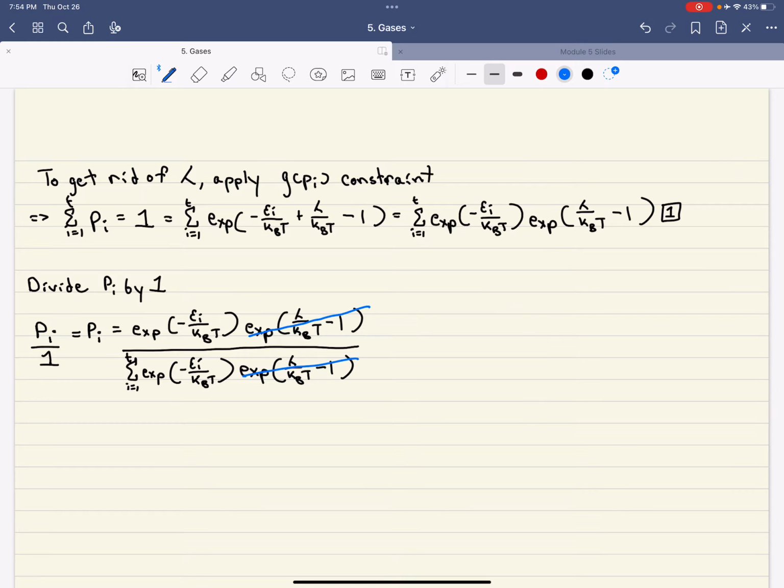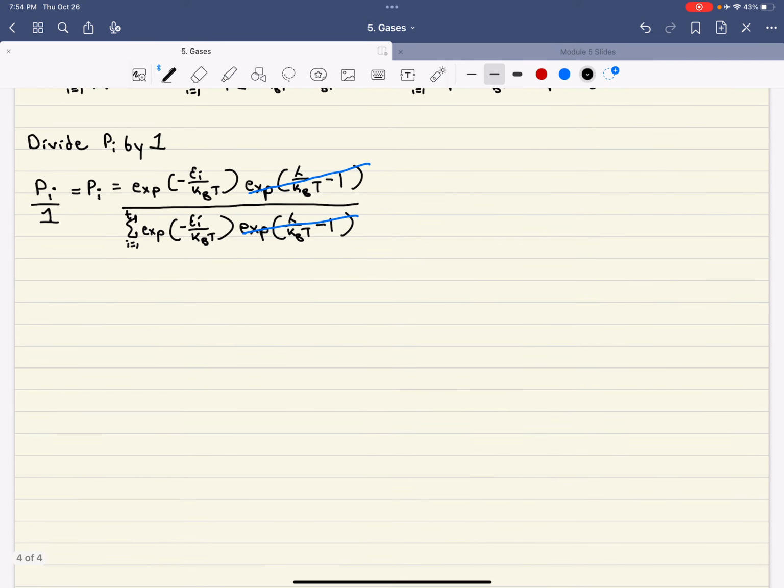All right, and so what we find is that the probability that a particle ends up in a specific energy level, we can actually just describe it using this fairly simple equation.